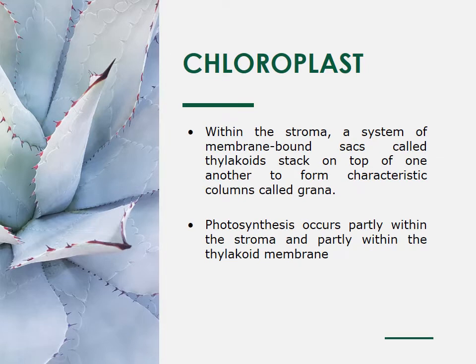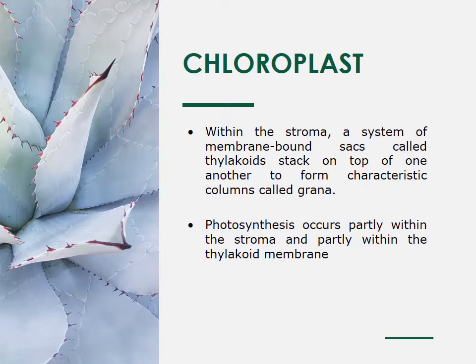Let's move further. Within the stroma, a system of membrane-bound sacs called thylakoids stack on top of one another to form a characteristic column called grana. In some textbooks you will see that inside the chloroplast are the stroma and grana, and the grana is formed by stacking thylakoid membranes together.